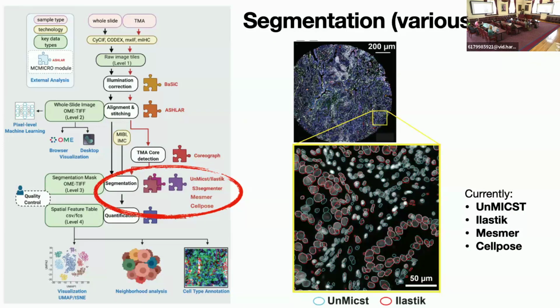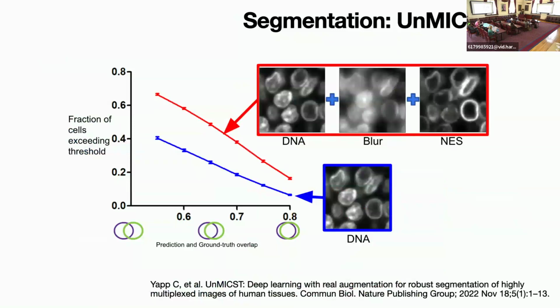Clarence Yap was the lead author on the segmentation tool called UnMICST. It's a UNet-based deep learning algorithm, and his insight was that just using a DNA channel and some augmentation.